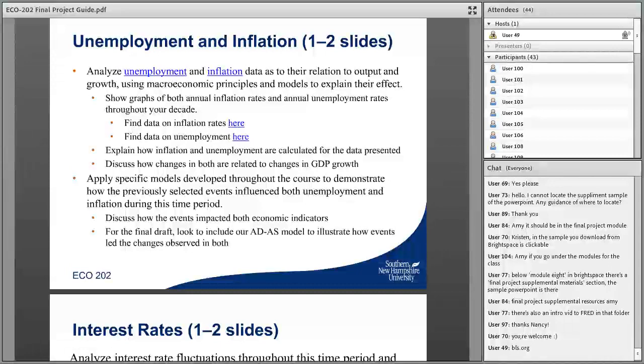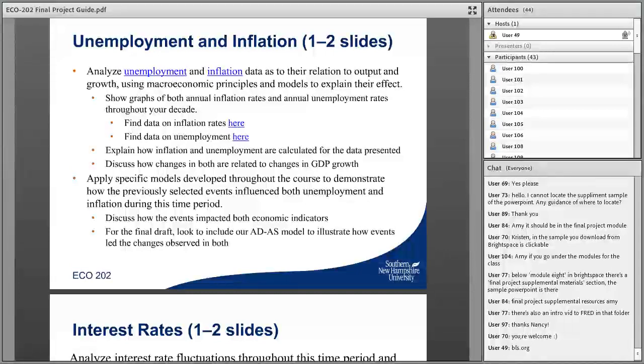Once you have identified these unemployment and inflation rates, in the speaker notes, you will compare the unemployment and inflation trends to the growth and GDP trends you researched in slide 1. And that is, again, you might apply some economic models that show that usually when there's a growth in the economy, the GDP is growing, unemployment would decrease.